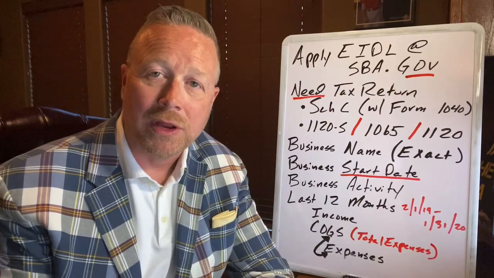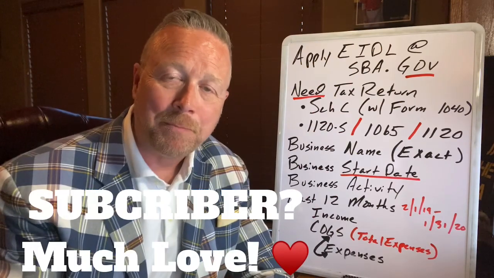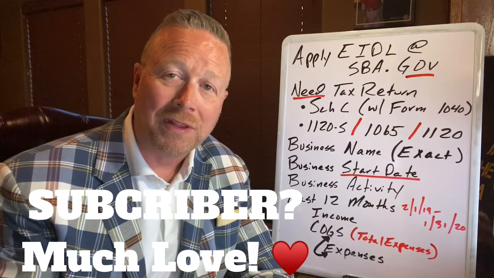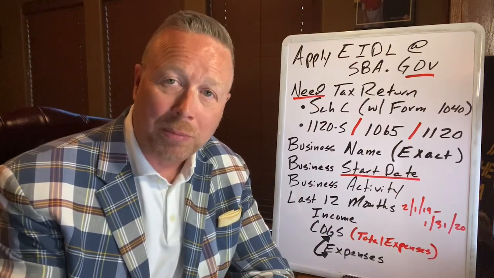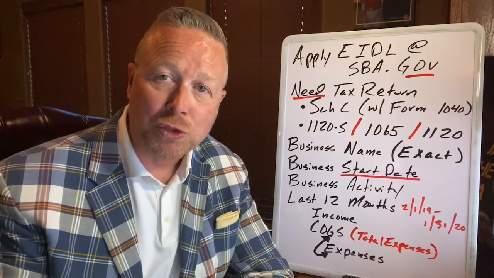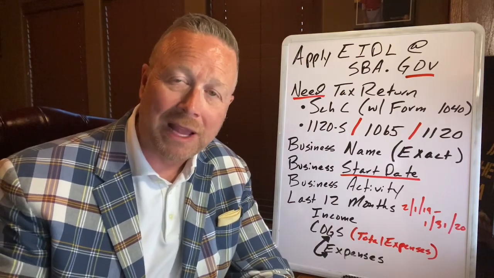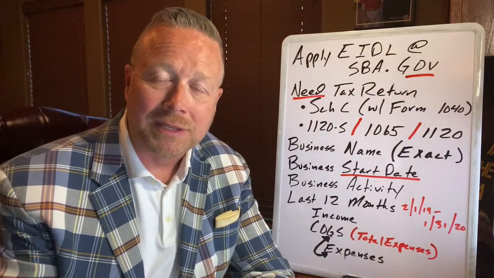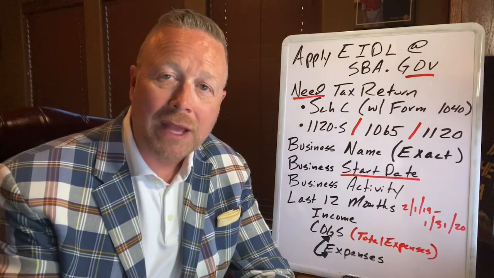The one thing to note here is that you're applying for both things at the same time. You're applying for the EIDL, the loan, and when you're applying for the loan, you request to see if you're eligible for the advance. And for information related to that, check out the playlist at the end. When you're applying, you're only going to go to SBA.gov.